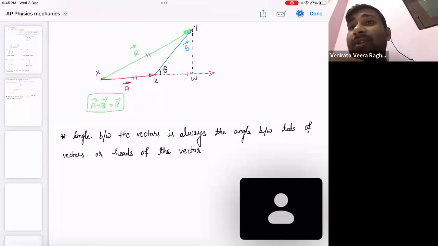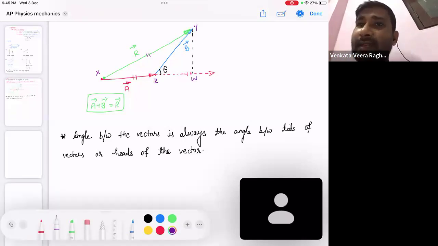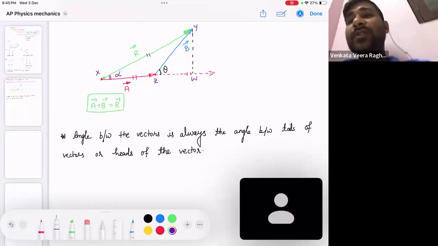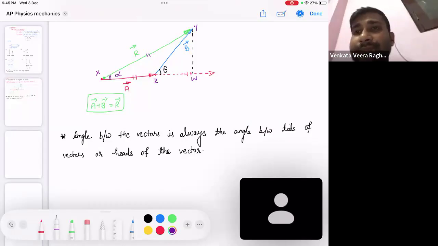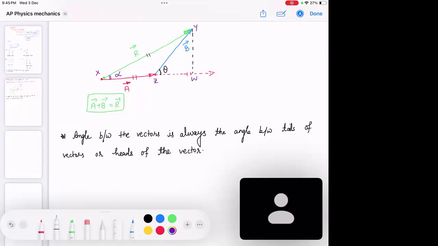That becomes the magnitude of the resultant, isn't it? And what is this angle? Let me call this angle alpha. So is the resultant making an angle with the vector A? And if I know the resultant's angle with vector A, I can find out the angle with the vector B also. So how do you calculate xy?